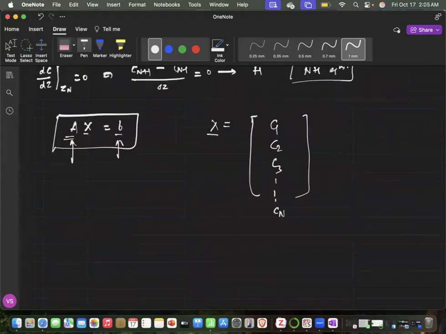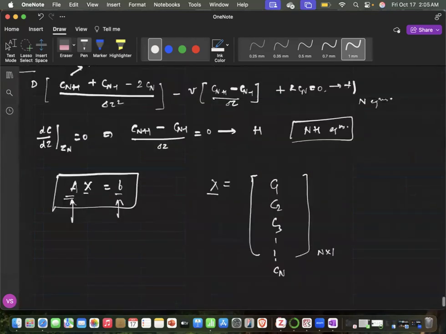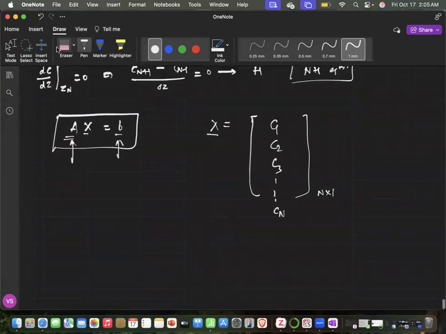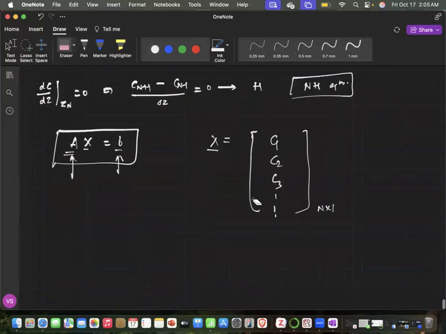And let's see. So we have this as an n cross 1 vector. And we have an additional variable c_{n+1}, so we'll include that as well. We'll have an additional variable here because of the fictitious point that we had introduced, right?